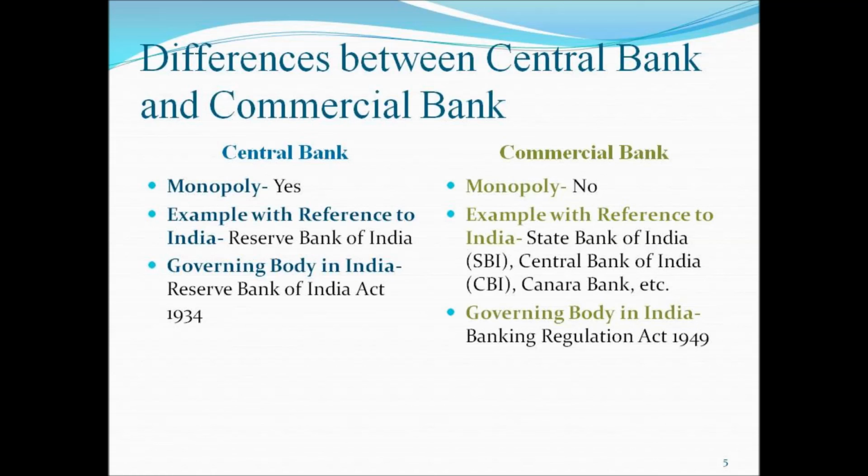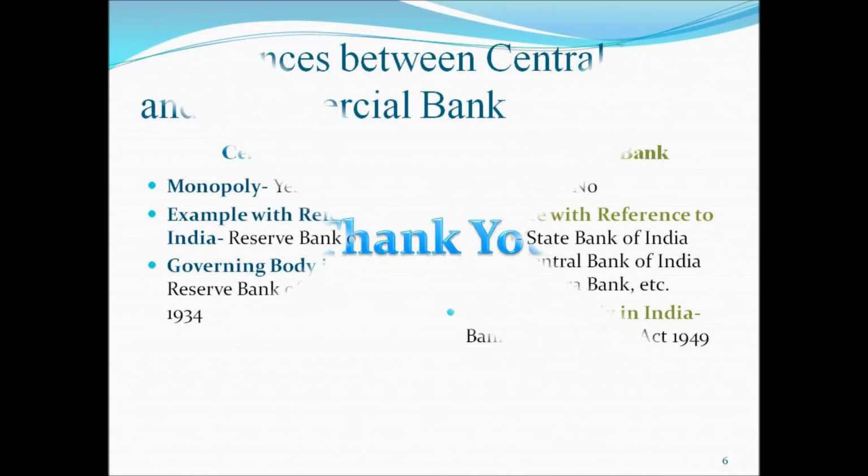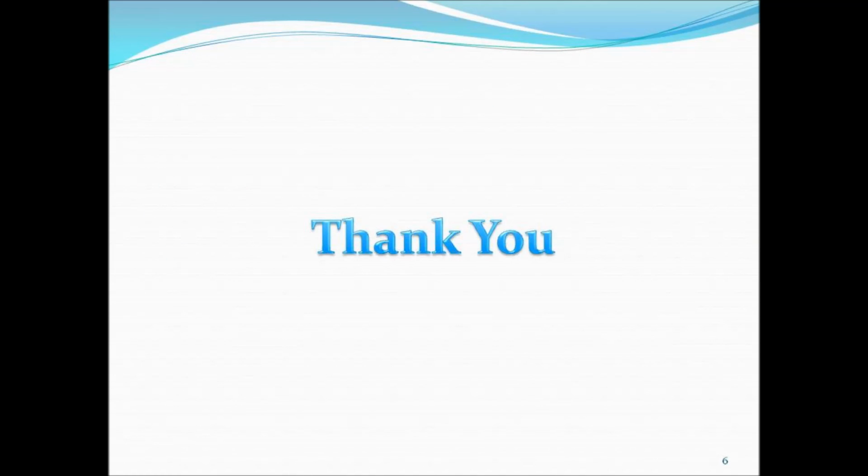This is the interest rate set by the central bank and the rate at which commercial banks and central bank transact businesses. Example: loans offered by central bank to commercial banks. These are the basic differences between central bank and commercial bank.